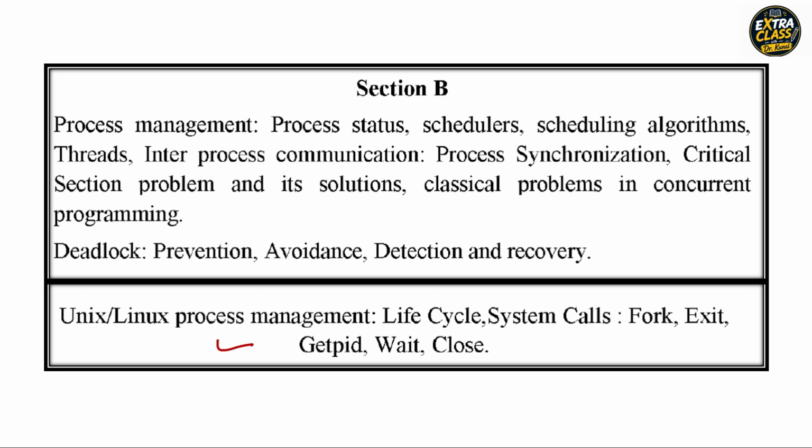We have to achieve all this using C language, the process management part of Linux and Unix. So we will mainly discuss this in lab, right? We will have to do programs in the lab to get clear clarity on all these things.